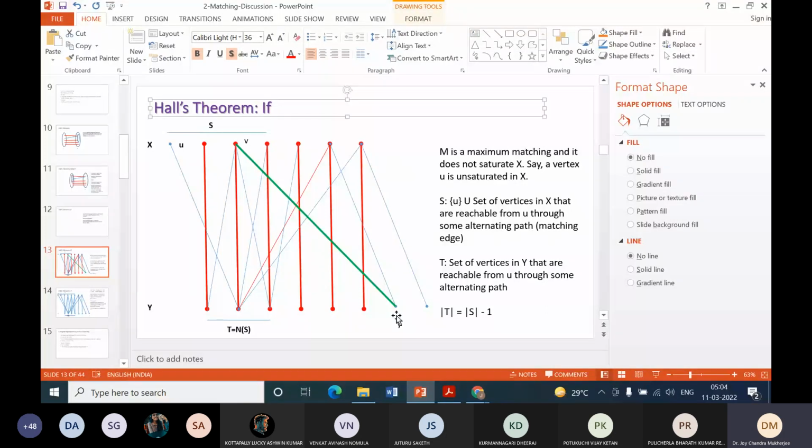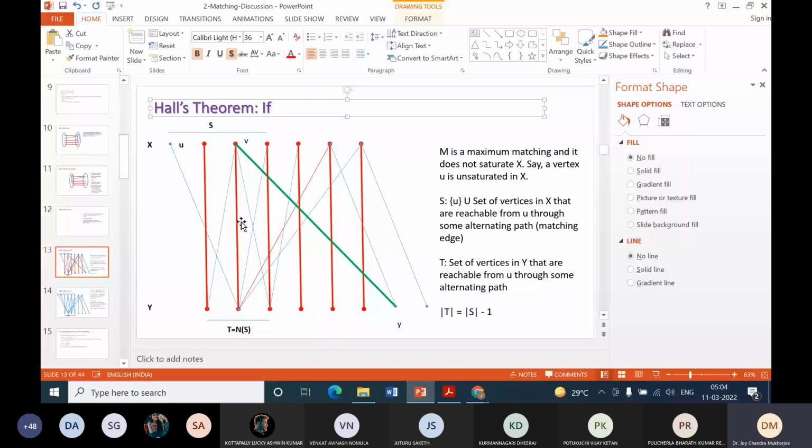Why can it not exist? Because if VY exists, then what will happen? This is an unmatched edge, this is a matched edge, and this is an unmatched edge. So basically this is an alternating path.